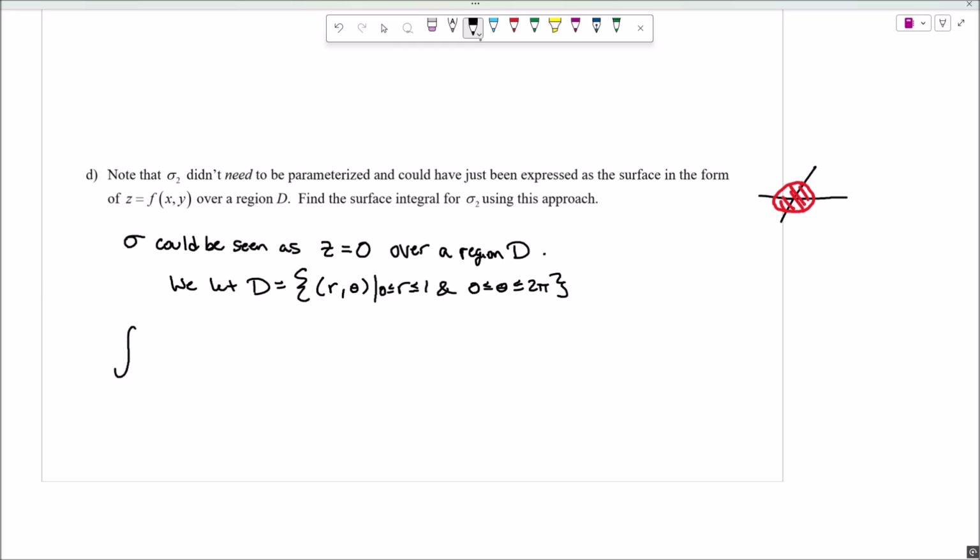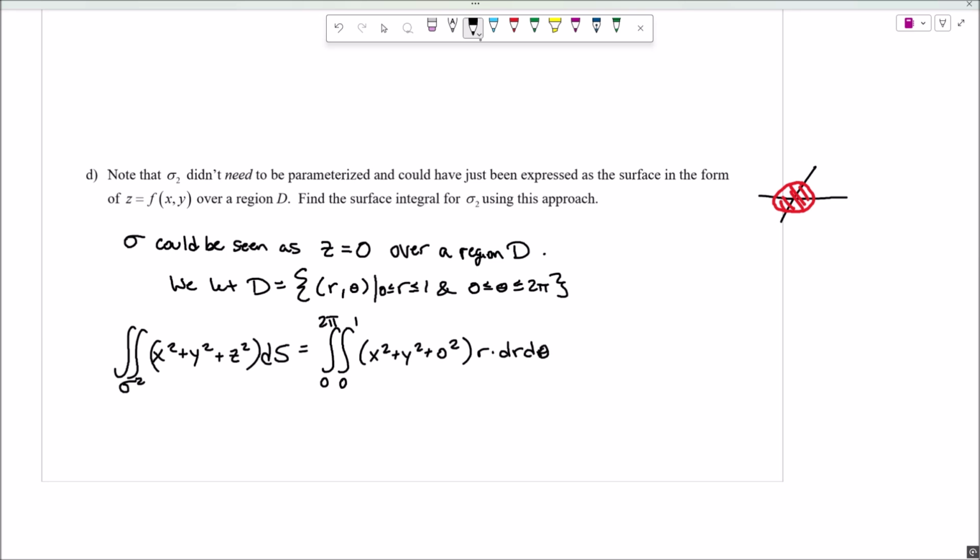And so if I wanted to, I could say that my integral over sigma 2 could instead be thought of as an integral over this polar region, or over the surface z equals 0. Then I would just be dealing with x squared plus y squared plus 0 squared, and at the back I have to do my r dr d theta.